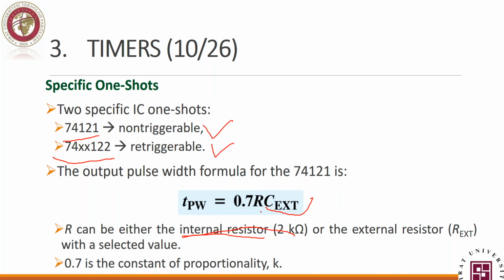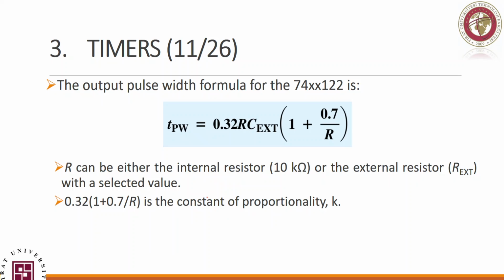If we say that, then R is 2 kilo ohm. I don't have to give it to you. You don't assume it. It's already 2 kilo ohm. So you multiply these two, multiply it by 0.7, the proportionality constant in this case, which is given, and you will get the pulse duration or the pulse width.